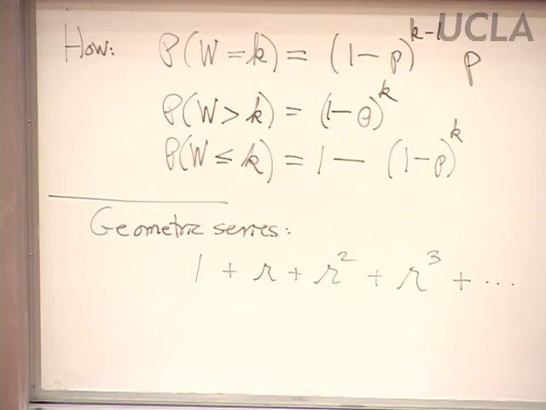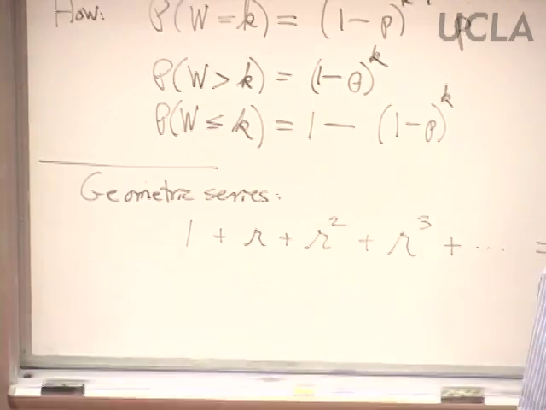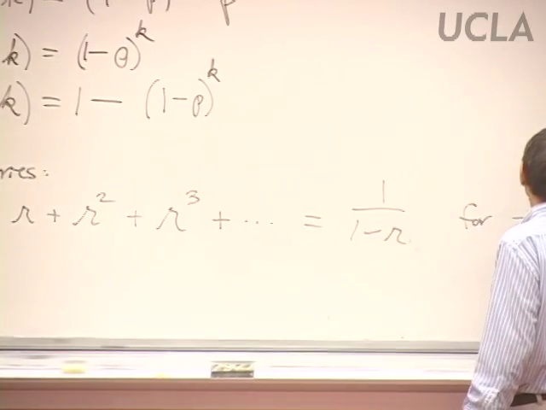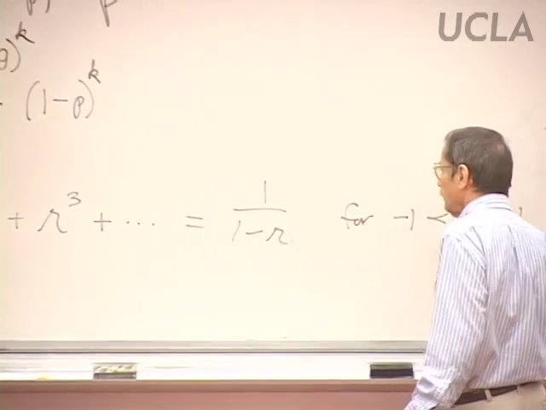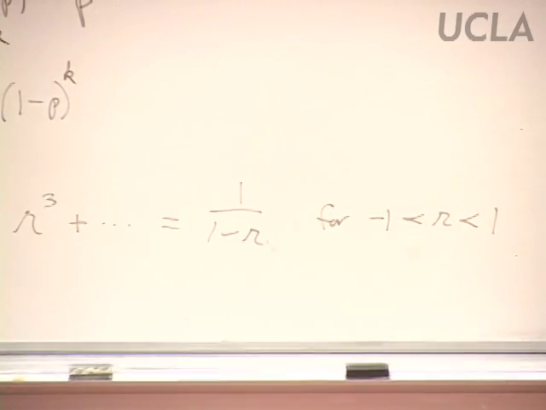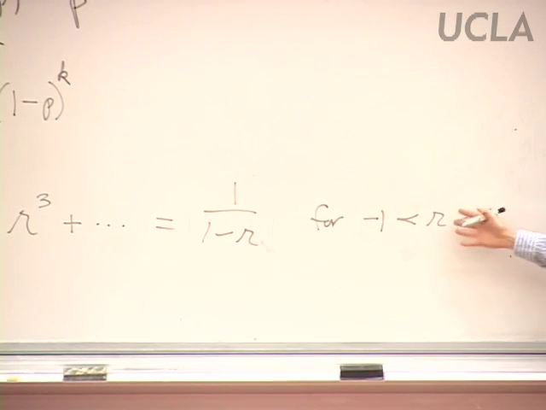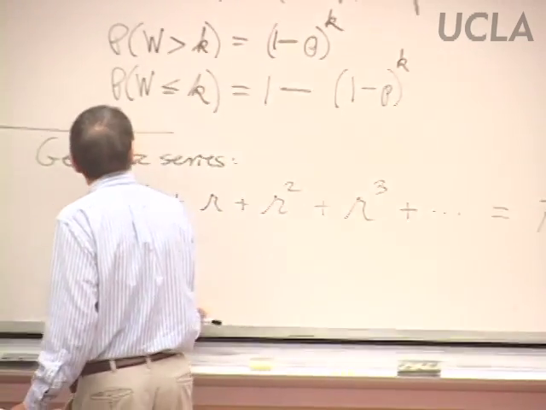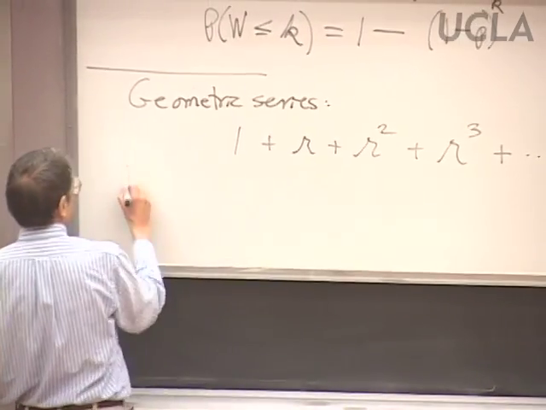And the sum is 1 over 1 minus r. I forget just when this comes up in algebra, but here it is again.